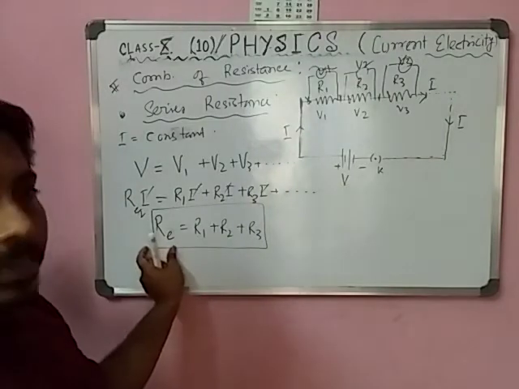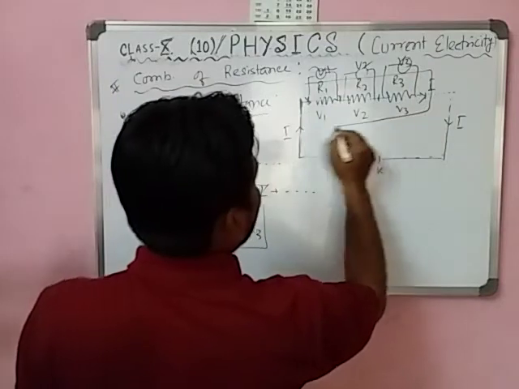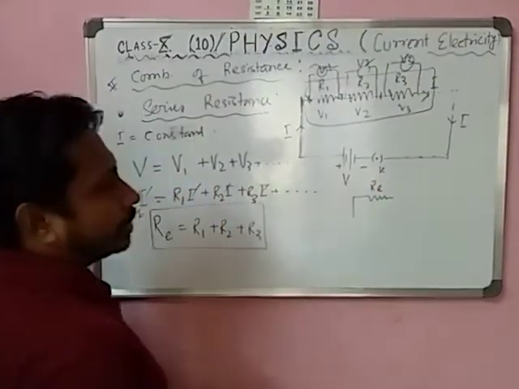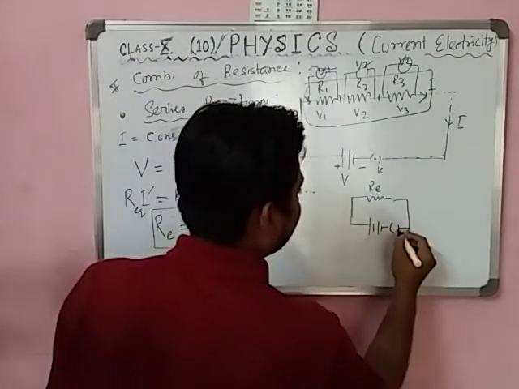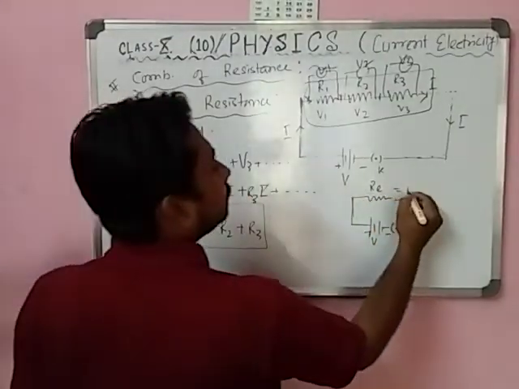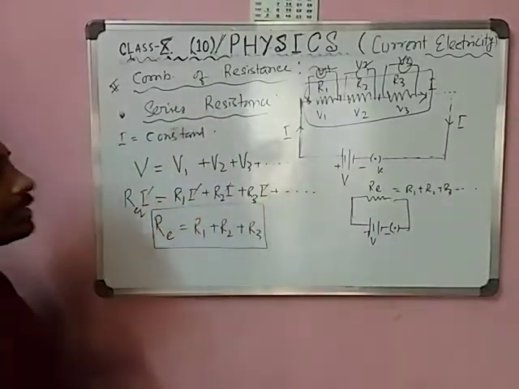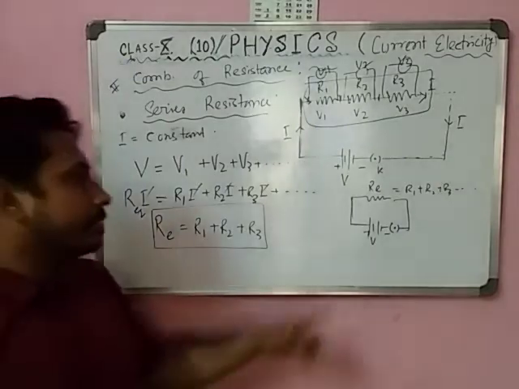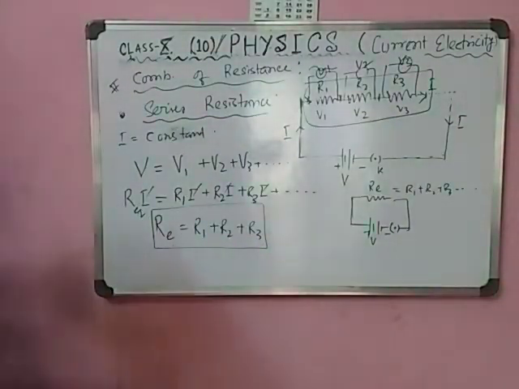R effective means if you consider the whole combination as a single R, then that R is called R equivalent. So the simplified circuit will be this. This RE means R1 plus R2 plus R3. Understood? If you combine all the R, you will get RE, the equivalent resistance. So this is the series combination.